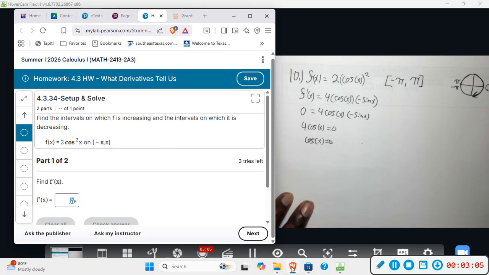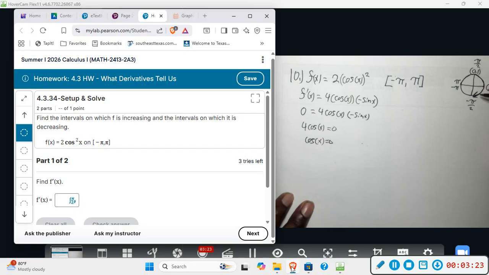So cosine is equal to 0. The x value, x is 0, happens at this point at 0, 1. So that's pi over 2. And then if you're going backwards, it also happens at negative pi over 2.